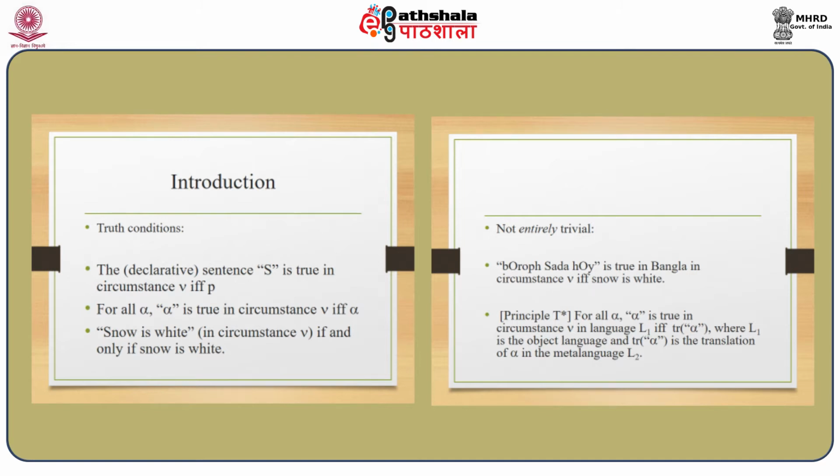But a principle like T-star takes sentences to be unanalyzed wholes and provides no such account. We must strive to arrive at principles that assign semantic values not only to sentences but also to their component parts.